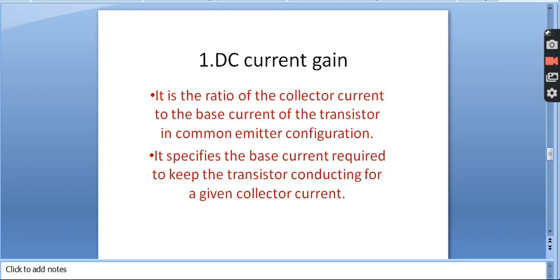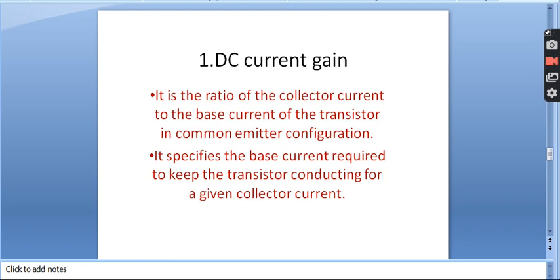That is, the ratio of the collector current, IC, to the base current, IB. That means beta is equal to IC by IB.